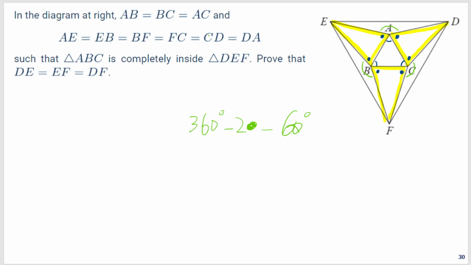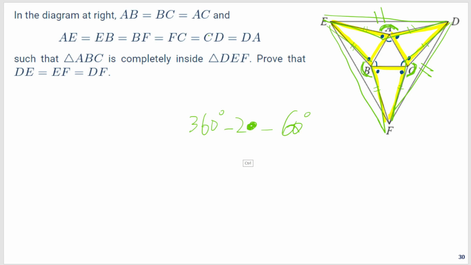So all three green angles should be the same. And this side equals this side, equals this side, equals this side. Therefore, triangle EAD is congruent with this triangle here, which is also congruent with this triangle here, right? Therefore, we have proved ED equals DF equals EF, right?